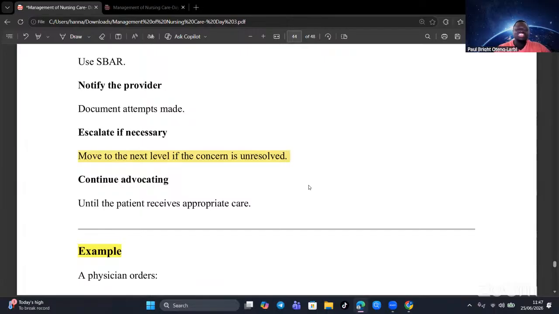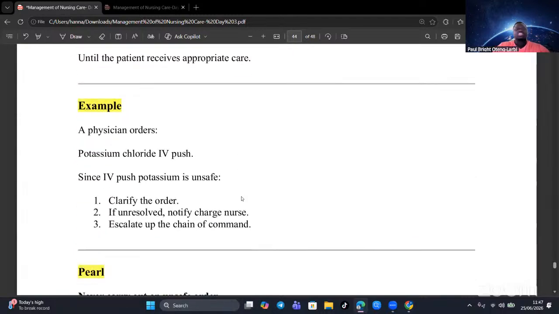Continue advocating until the patient receives appropriate care. A typical example: a doctor wrote an IV potassium chloride medication order, but he wrote push it.